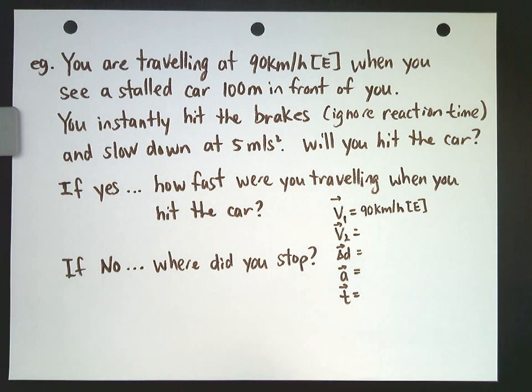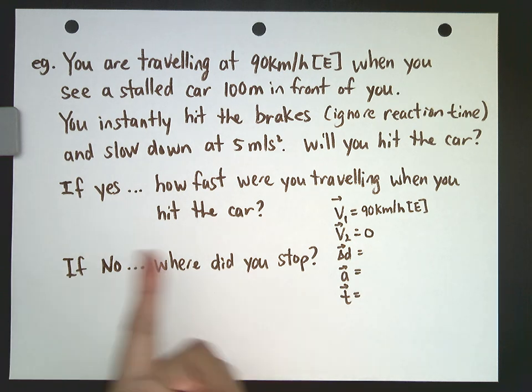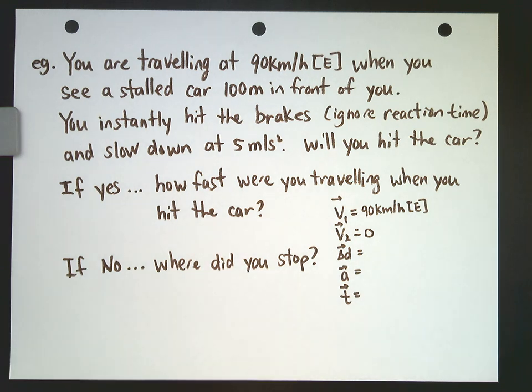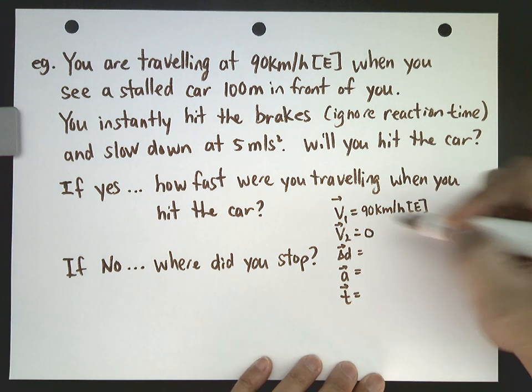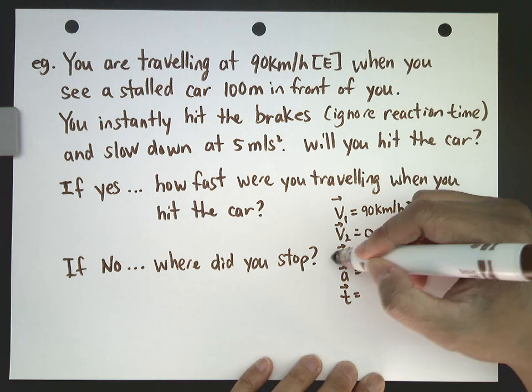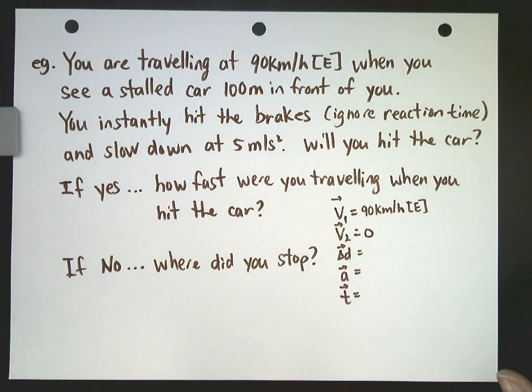Okay. So then we want to stop, to avoid this thing. And the acceleration we have, oh, the car has stalled. We have lots of information here. I'm going to leave the car stalled at 100 meters in front of me, let's leave that blank for now.